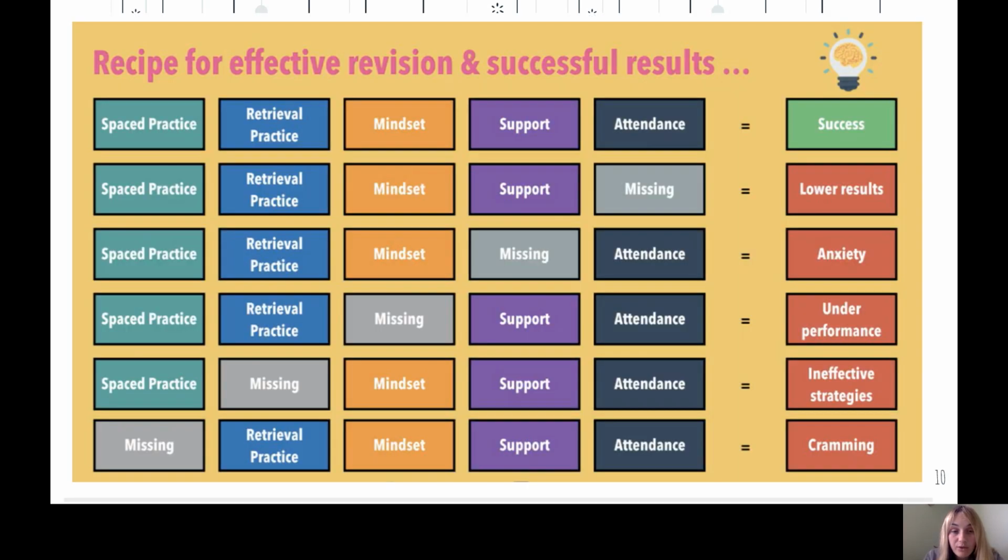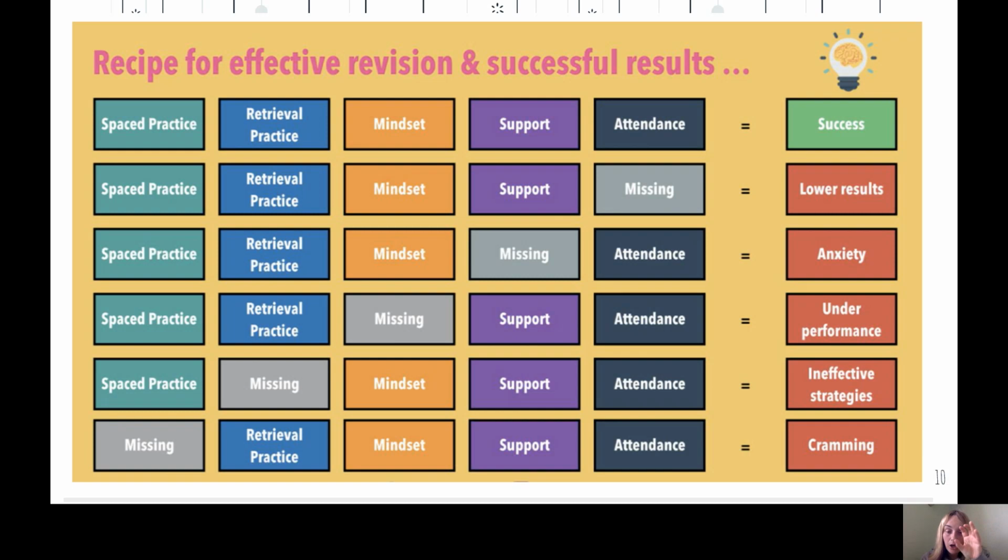Now, the thing I wanted to end with for you was the recipe for effective revision and successful results. As you can see there, and we spoke about this quite a lot, Miss Howard's done some sessions on this as well. If we go from the bottom up, there's spaced practice, and we know what that is: recalling information in little chunks of time rather than spending a whole time block doing one thing.